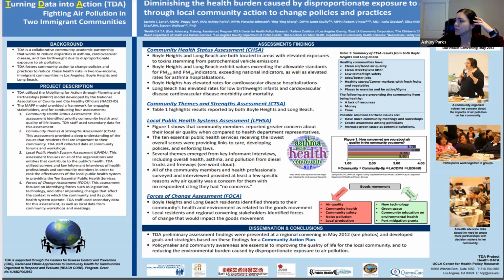We met with community members, we assessed the resources in the community, we looked at different threats to community health, and we looked at goods movement, the idea of merchandise, products coming into Long Beach and Los Angeles ports and then being distributed, and how does that impact health? The trucks and tankers and all of that. So this is an example of that process.